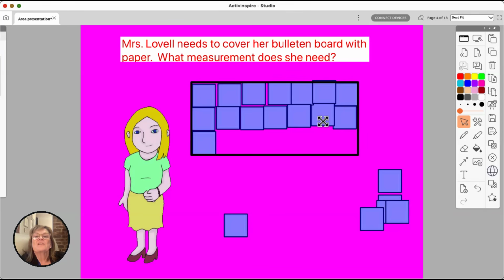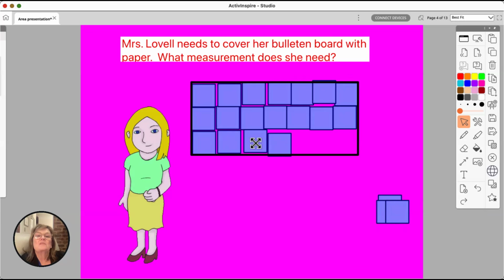So if I make my last row down here as neatly as I can. Okay. Almost got it covered. Let's get a few more squares on here. Okay, so now I have my bulletin board covered in units.